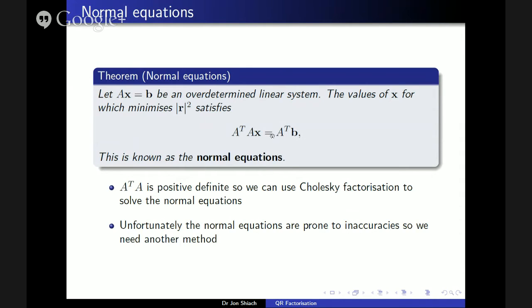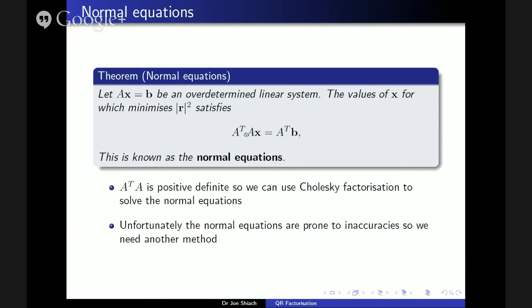These are called the normal equations, and they're derived by using calculus. Calculate the change in the value of the norm, and calculate the minimum using maxima and minima theory, and we get this.